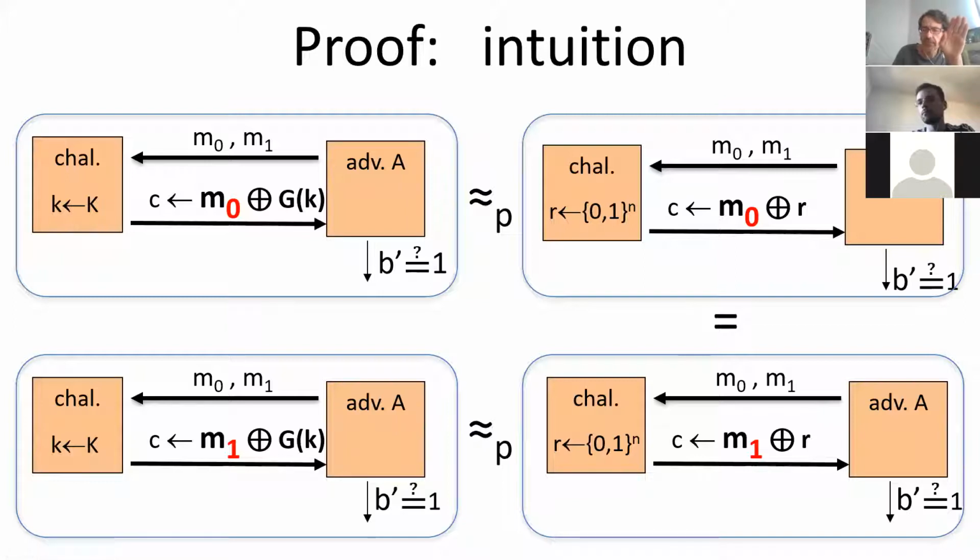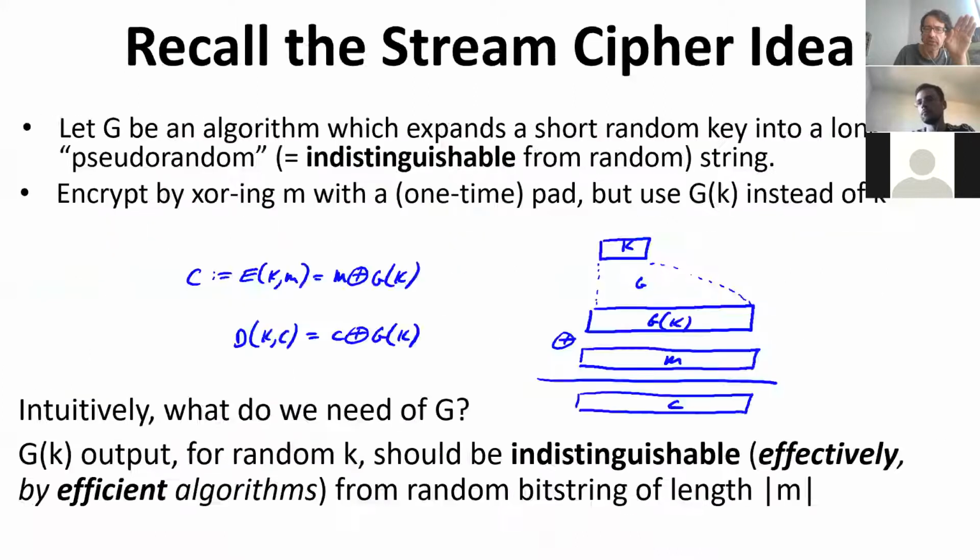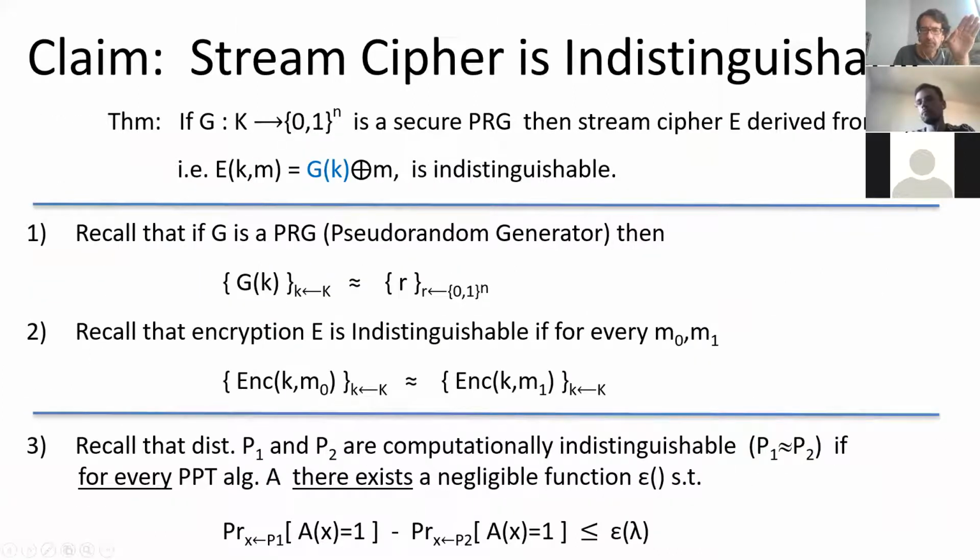Indistinguishability is transitive, and it's not hard to see why, because look, these are 2 distributions. What does it mean that they are indistinguishable? It means that if I take a test, I feed it samples from this and samples from that, it behaves negligibly close. Now I have the same statement about P2 and P3: if I give it P2 samples and P3 samples, it still behaves negligibly close.